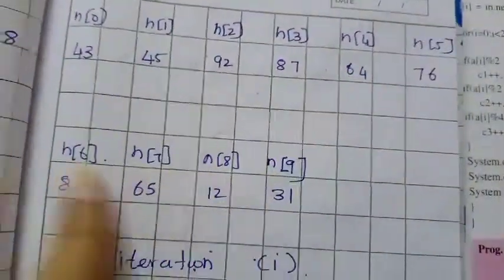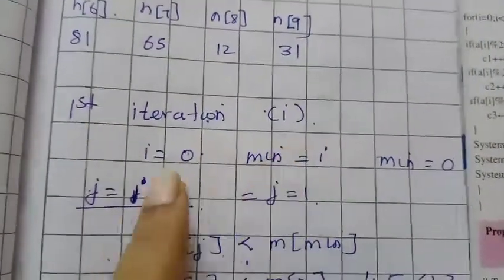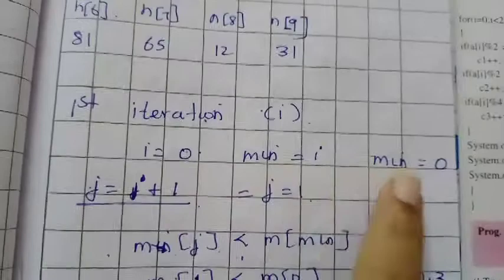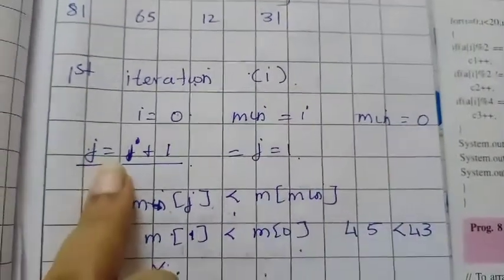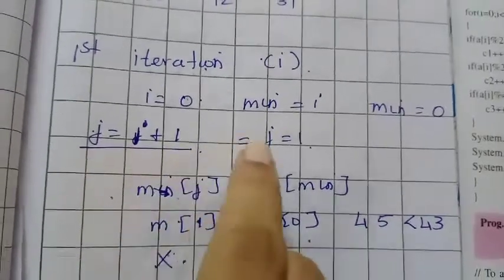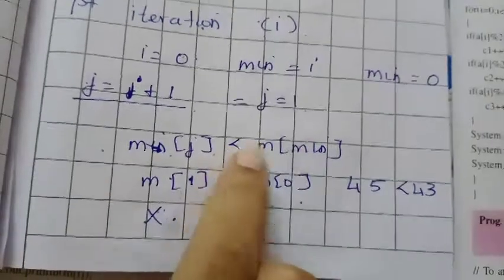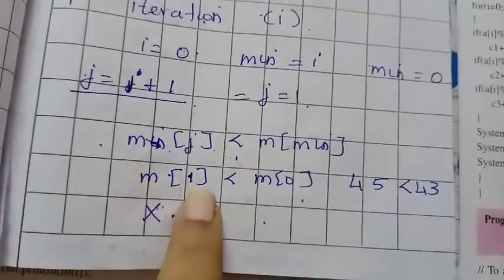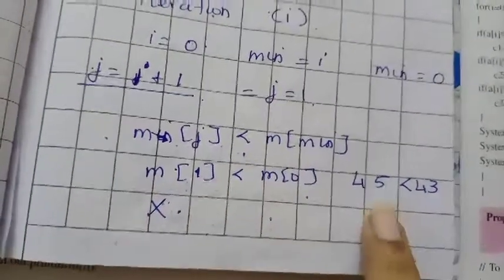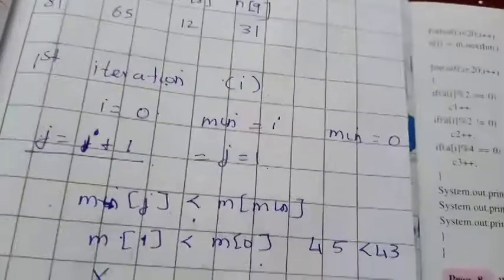See here, I have just taken the previous element's number itself to explain to you. So for the first iteration of i equal to 0, minimum will be having the 0 value. And in the same first iteration of i, j will be i plus 1, where j is equal to 1. So m of j is less than m of min, that is m of 1 is less than m of 0, 45. According to this example, we are checking whether 45 is less than 43.